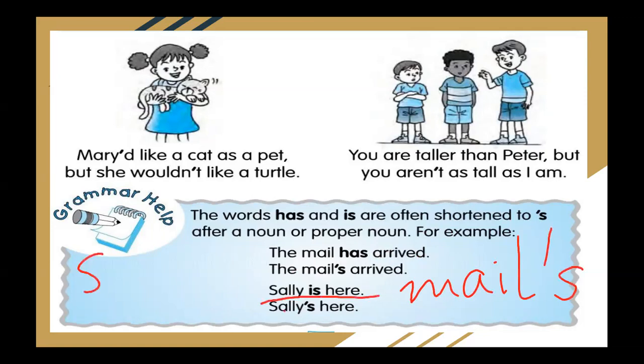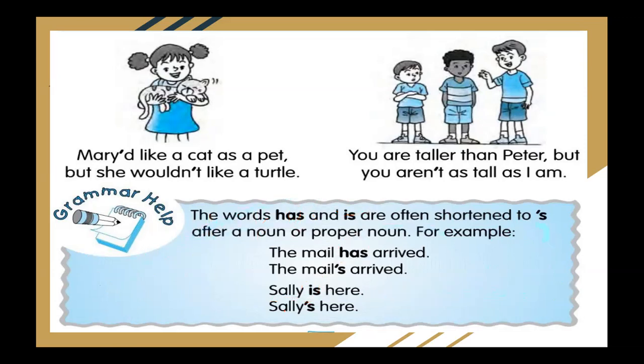So is becomes Sally's here. So what did we do? Instead of has and is, we remove that and combine the word with apostrophe and s. So it's understood that it is either has or is, depending on the sentence. Are you clear?